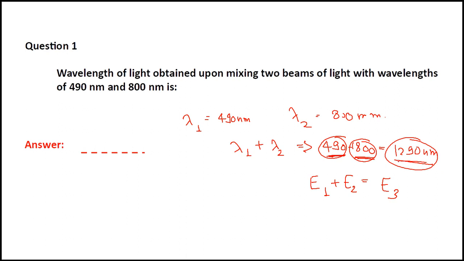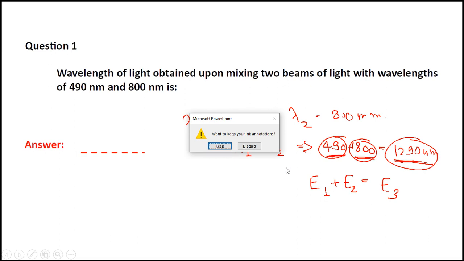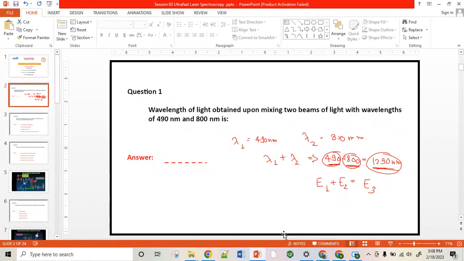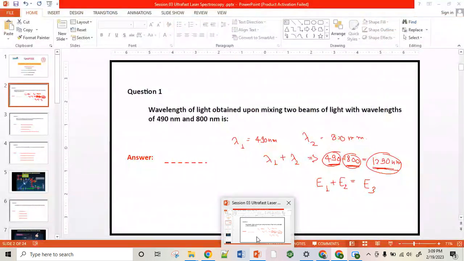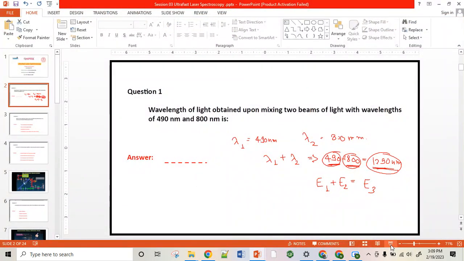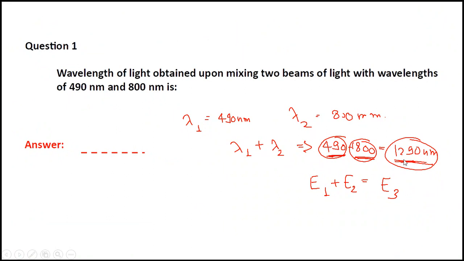And if the wavelength is 1290 nanometer, then in no way will the third energy be greater than the first two energies. I suppose you got my point.